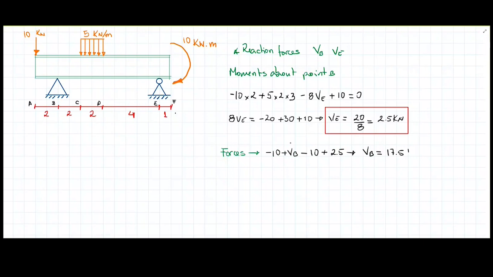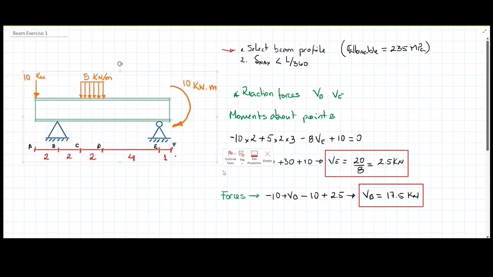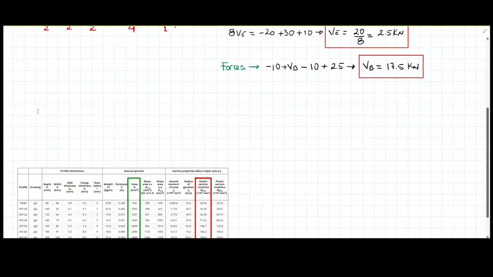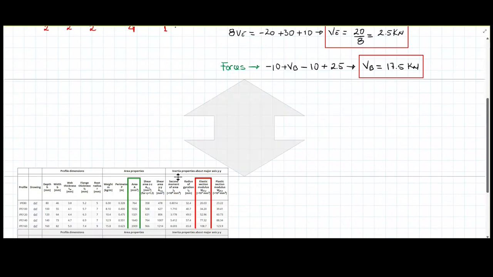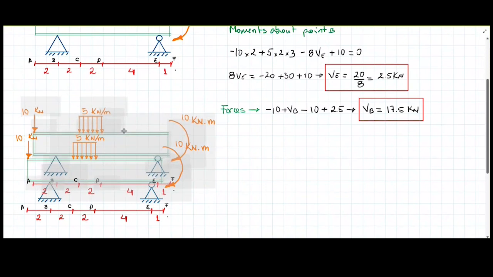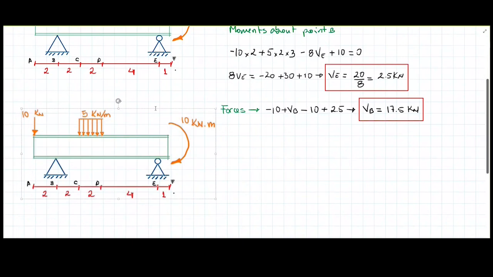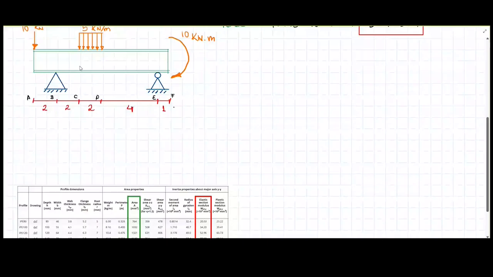Good. Now, if I represent that here, because we know that the next step is going to be the creation of the shear force and bending moment diagram. So I'm going to copy this one here because we're going to need this whole figure and put it here. And keep separating this.